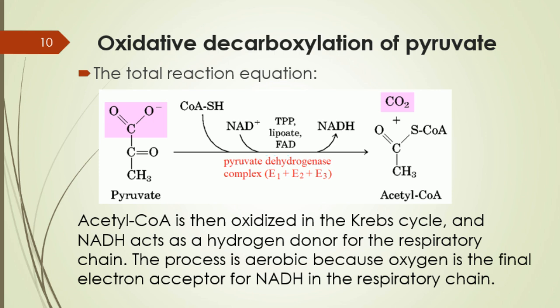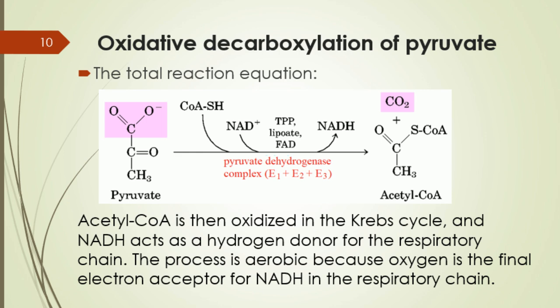Learn the total equation for the reaction catalyzed by the pyruvate dehydrogenase complex. On the left side of the equation, there are pyruvate and two coenzymes, coenzyme A and NAD+. The structure of these coenzymes changes as a result of the reaction.